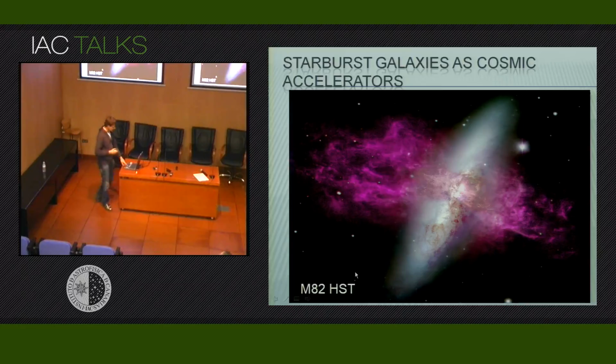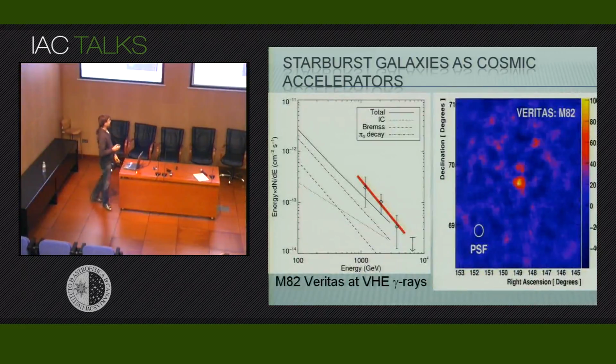Another example is NGC 253, a starburst galaxy visible from the south. What I would like to note here is that for the first time we were actually able to resolve, maybe that is saying too much, but these contours are from the optical. So this is the extent of the galaxy, and this is the extent of the very high energy gamma ray emission, and you can see that it's coming from the core.